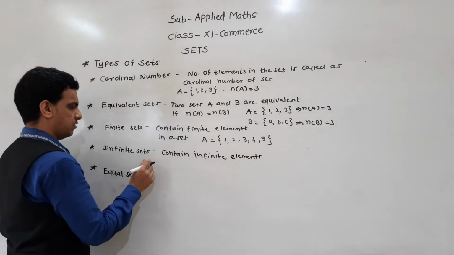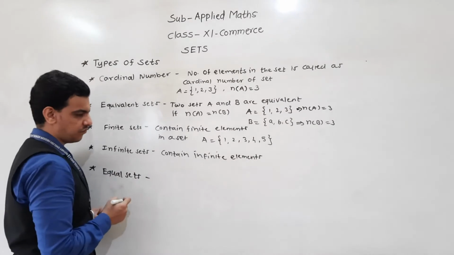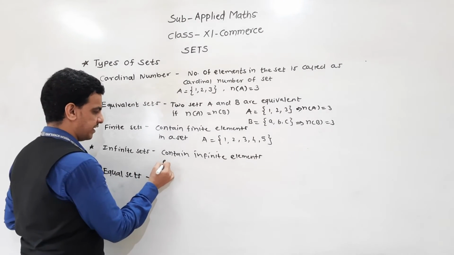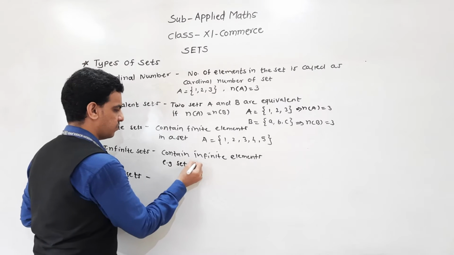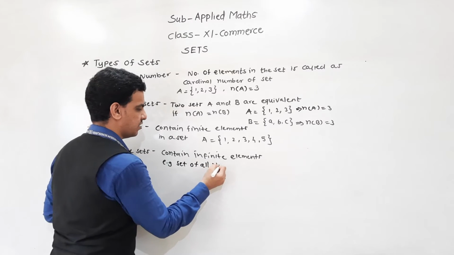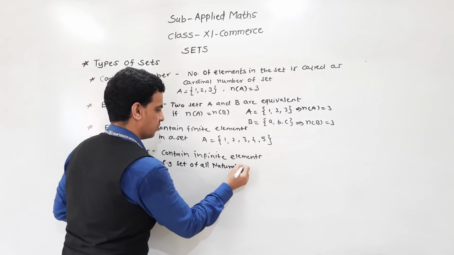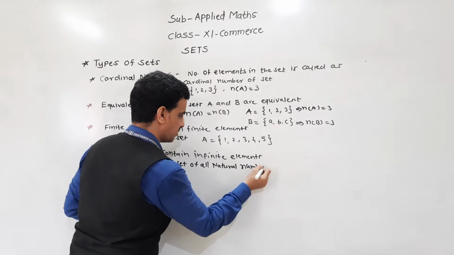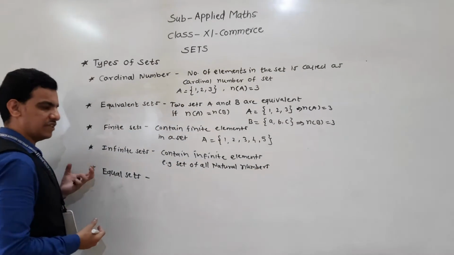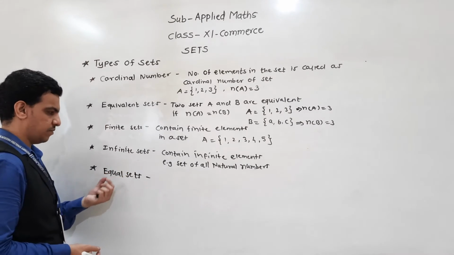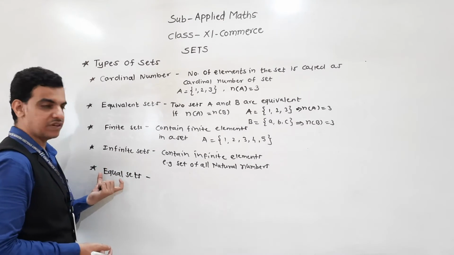We can write examples: the set of all natural numbers or the set of real numbers. All these sets are infinite sets. Then the next definition is equal sets.